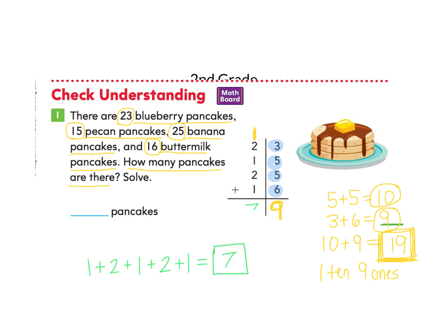So I have 7 tens. So now I have 7 tens and 9 ones. And that means I have solved the question, how many pancakes are there? There are 79 pancakes. Excellent work. If you would like to go back and rewatch this video, you may do so, and you can pause anytime you need.